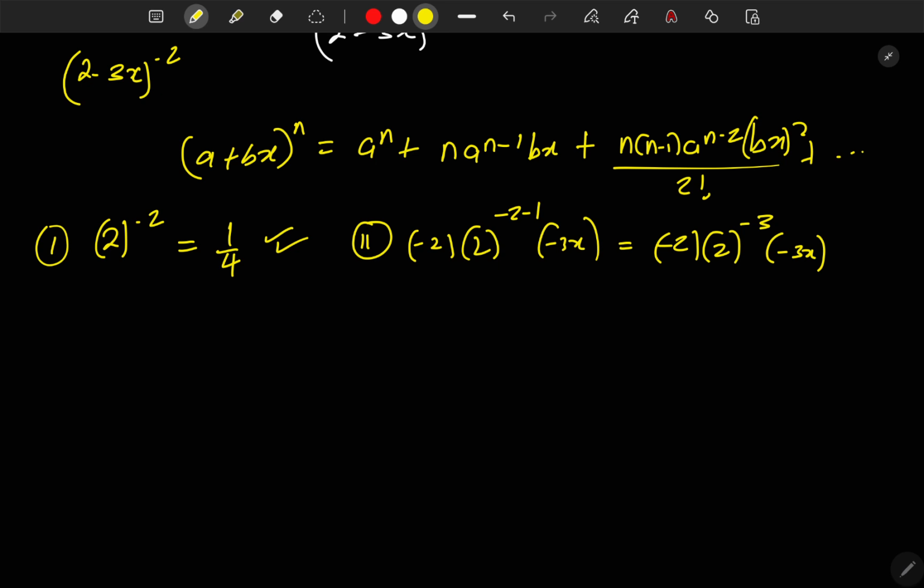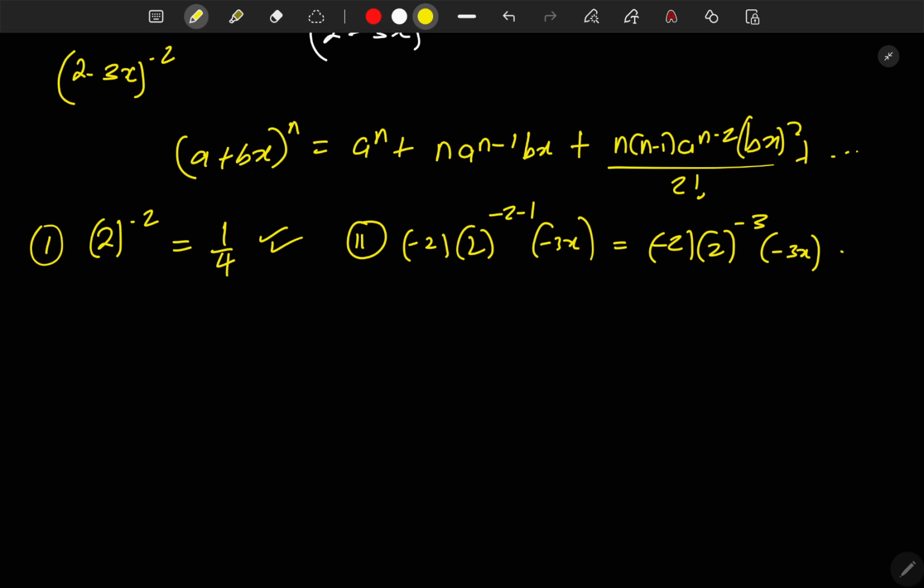This gives us 1 over 8, but there's a 4 there, so we expect 1 over 4. But there's a 3 on top, so we expect 3 over 4 x. That's perfect, because negative and negative give positive, this will be 1 over 8, 2 can go into 8, but there's a 3 on top, so we get this. We keep it, the second term.